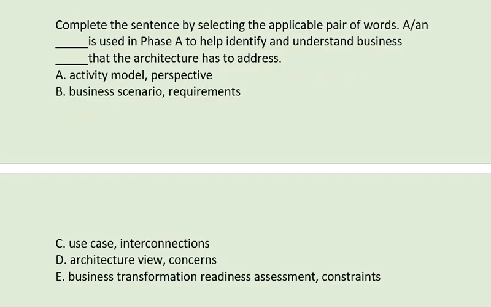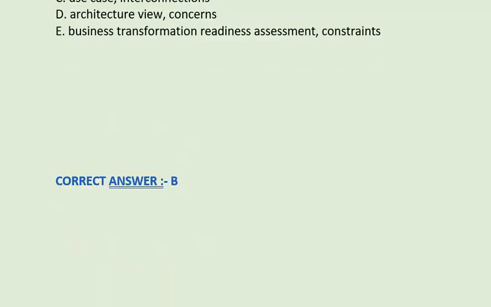Option B, business scenario and requirements. Option C, use case and interconnections. Option D, architecture view and concerns. Option E, business transformation readiness assessment and constraints. Correct answer is option B.